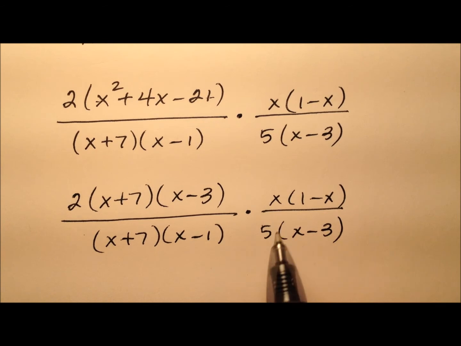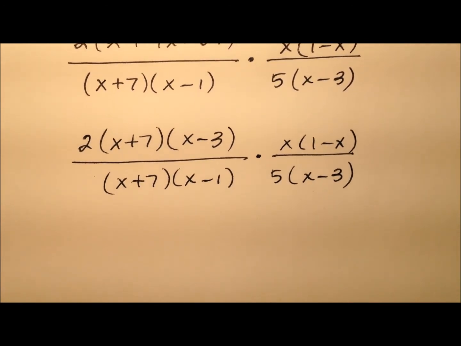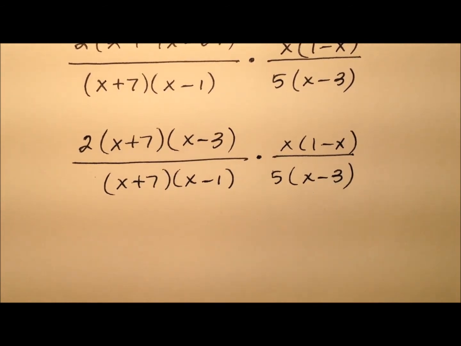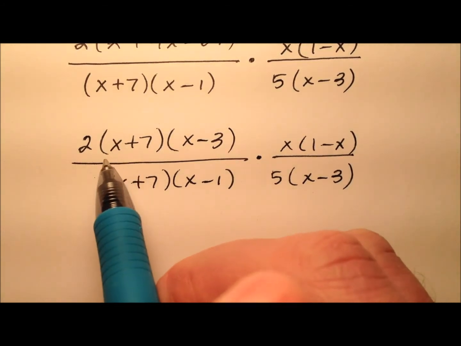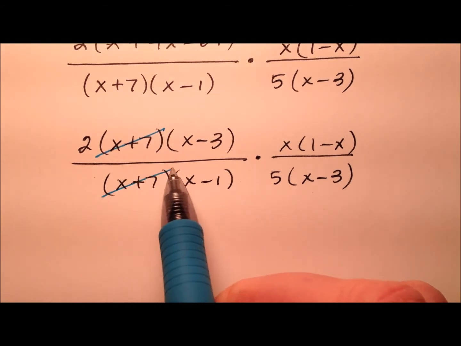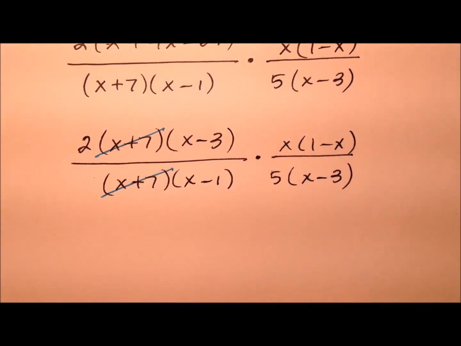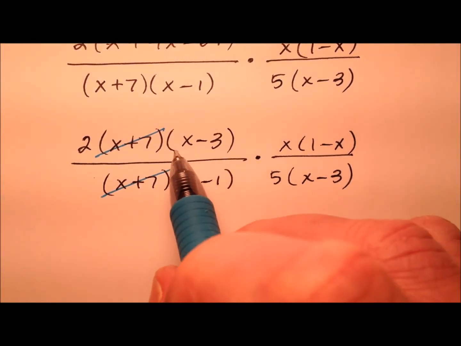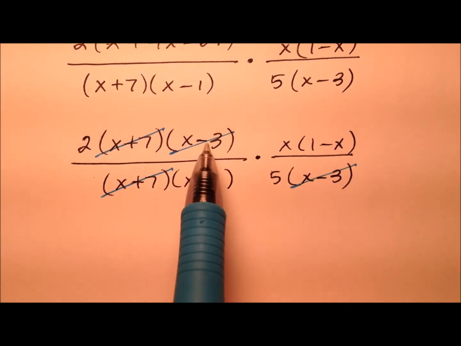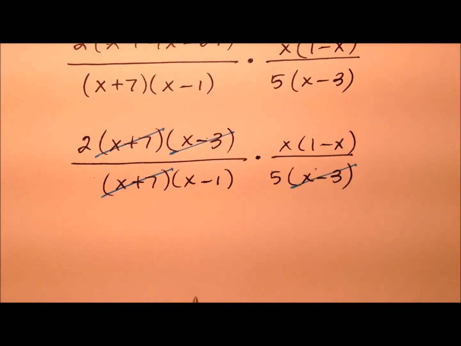Okay, we're at a point right now in multiplying these two rational expressions. They are completely factored, so now I'm ready to cancel any common factors that exist between the numerator and denominator. It looks like an x plus 7 they share from top and bottom. Then an x minus 3 exists in the numerator and denominator.